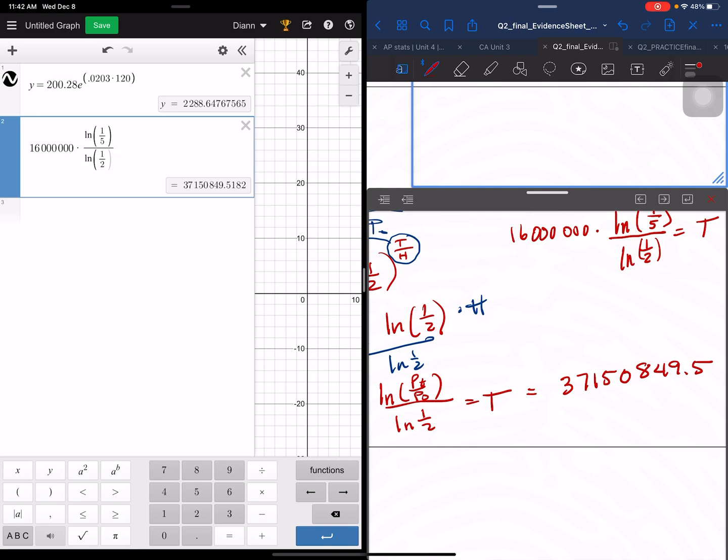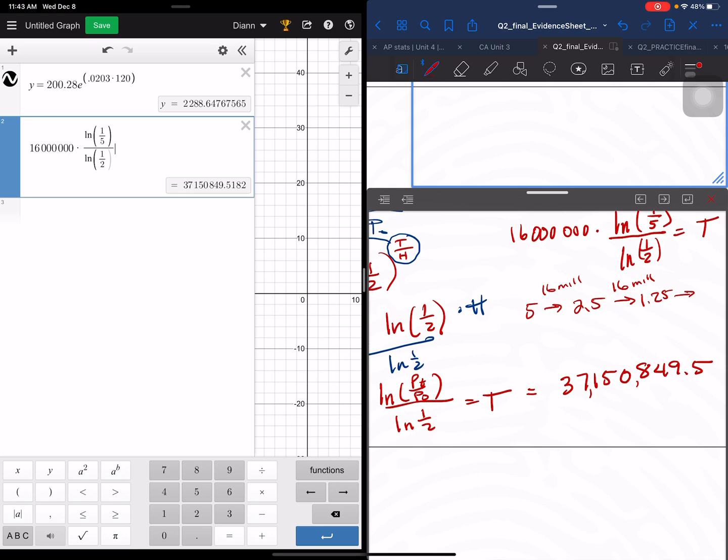It takes 16 million years for it to degrade halfway, so it's going to take more than 16 million years. It would have taken 16 million years to go from 5 to 2.5, and then 2.5 to 1.25 grams would take another 16 million.